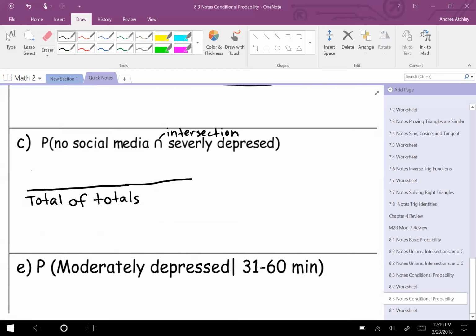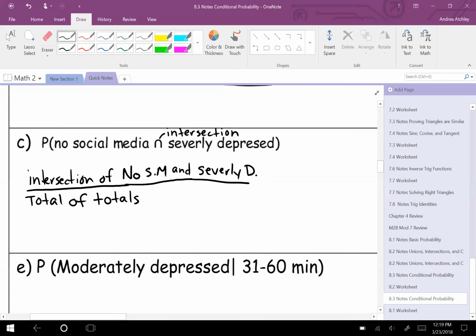But on the top, we want the intersection of no social media and severely depressed. Any questions over that? So the bottom's still going to be 766.